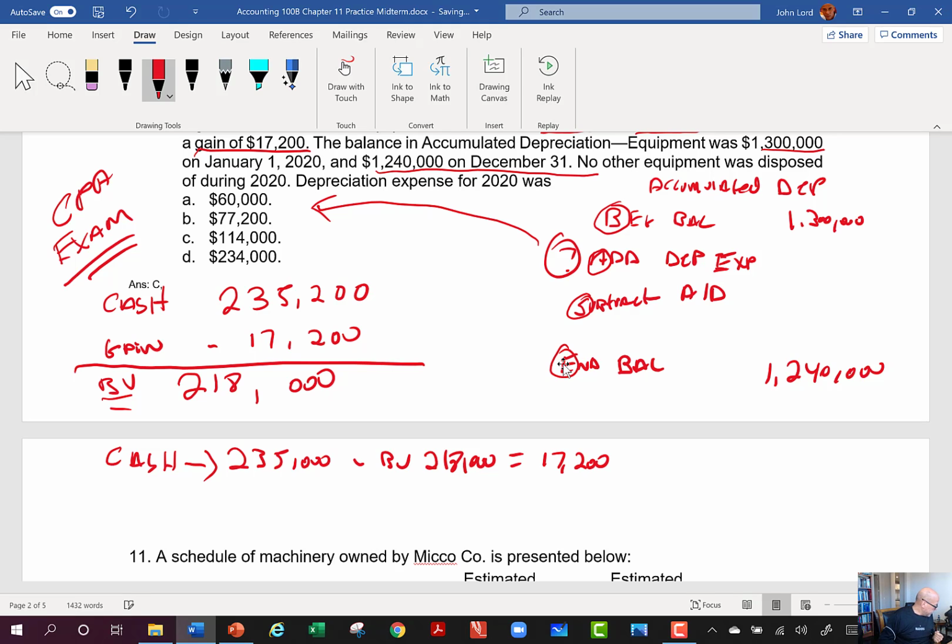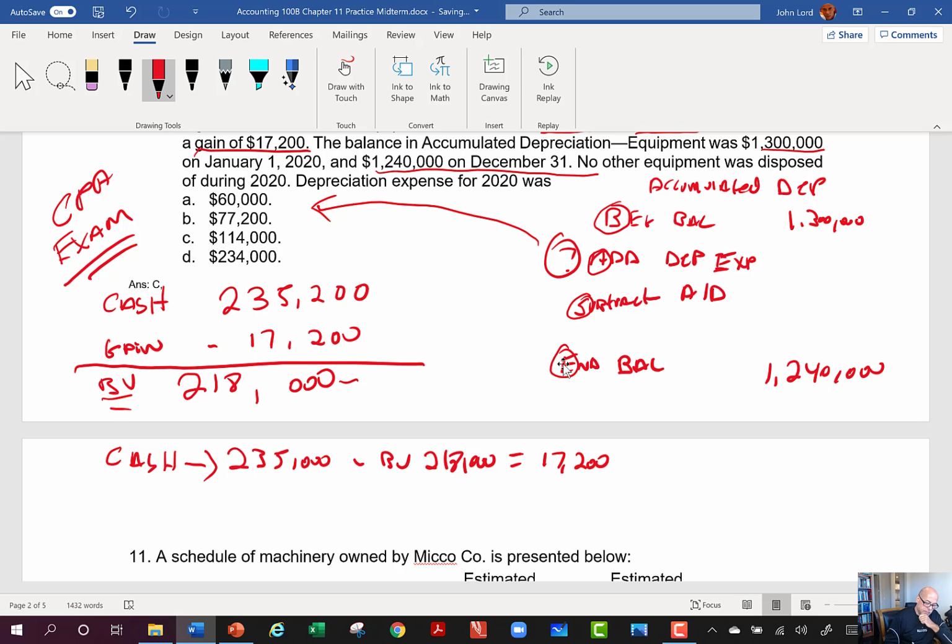Okay, so now you look at that and you say, okay, good. So the book value of the machine was $218,000. How do I calculate now the accumulated depreciation?